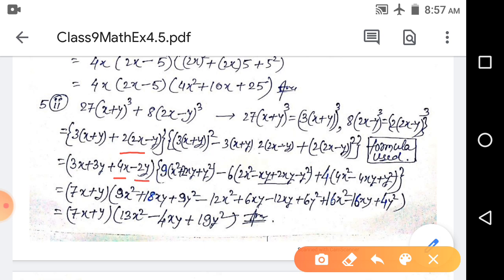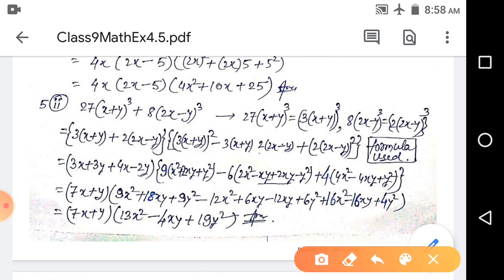Now in the second bracket we have 9(x + y)², so for this 3 it is 9, and (x + y) whole square means x² + 2xy + y². In the next term, 3 into 2 is 6.